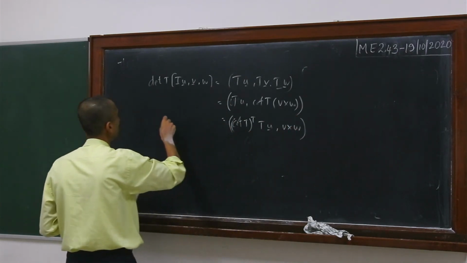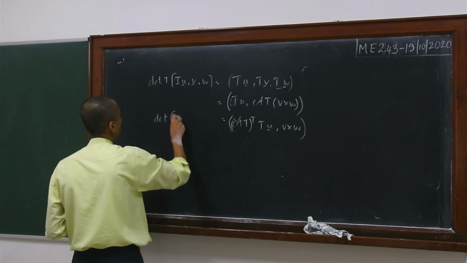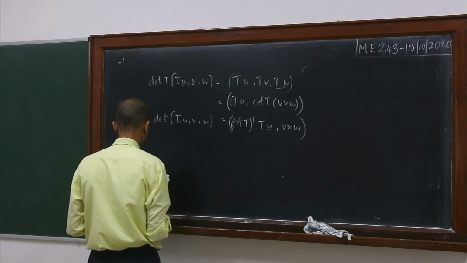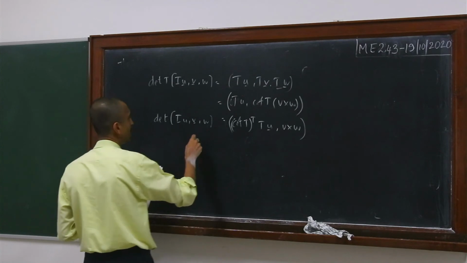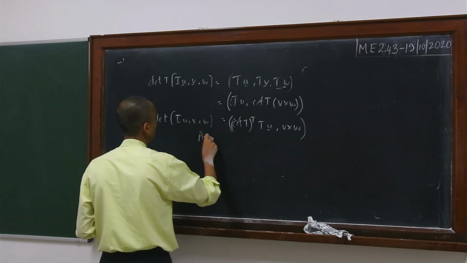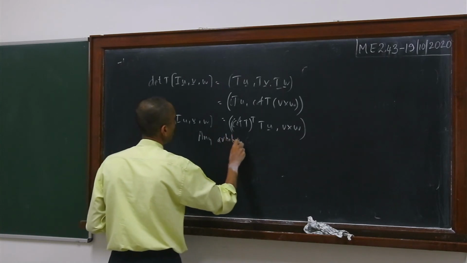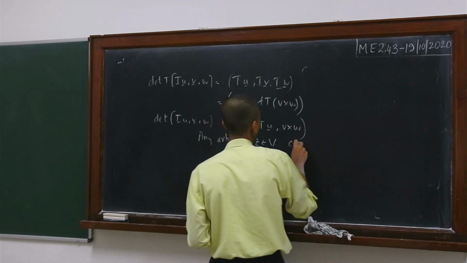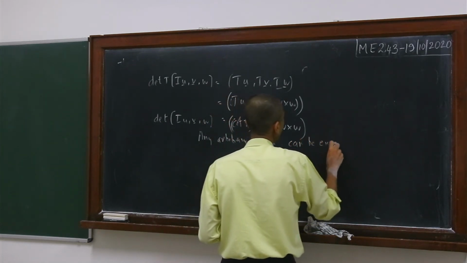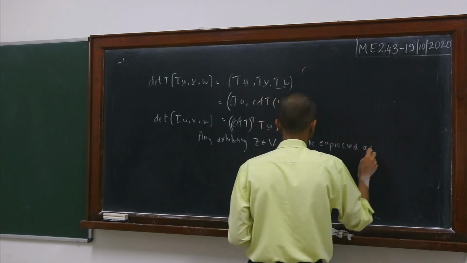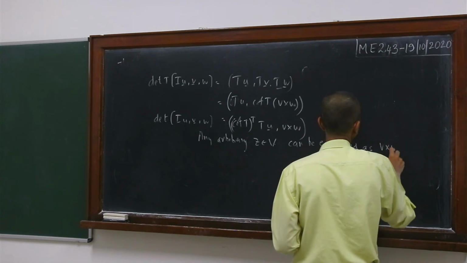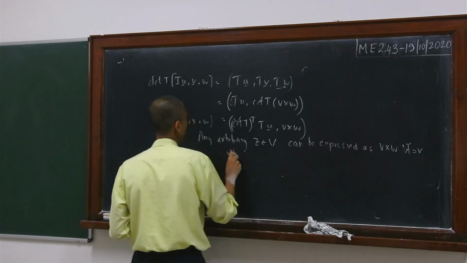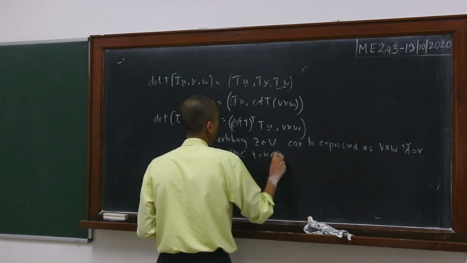And this is a determinant of T times I of U comma V comma W. So now you can write that any arbitrary Z belonging to V can be expressed as V cross W for some V, W belonging to V.